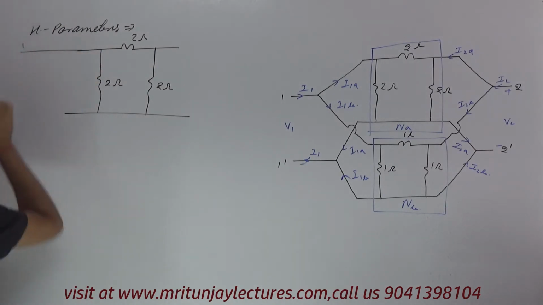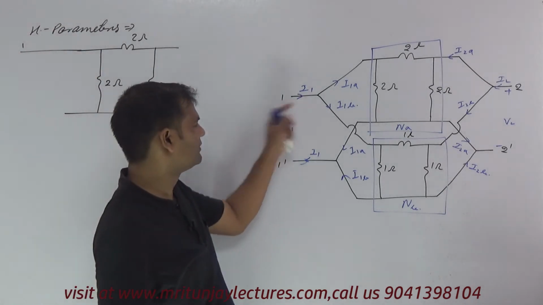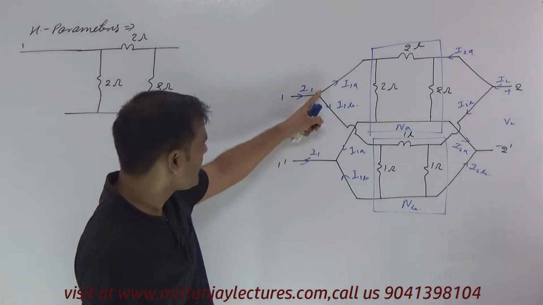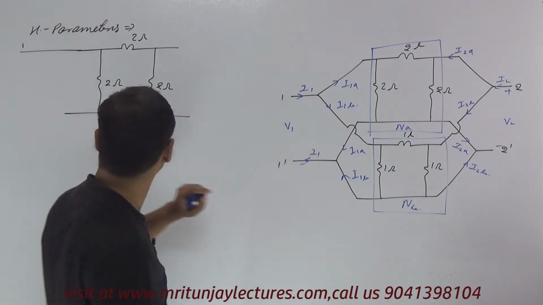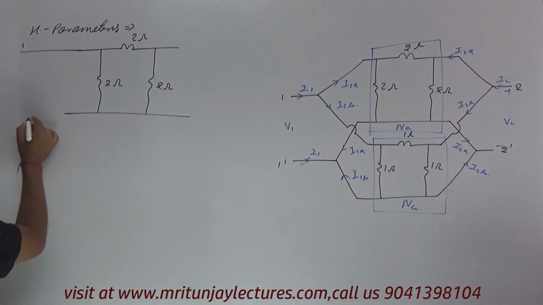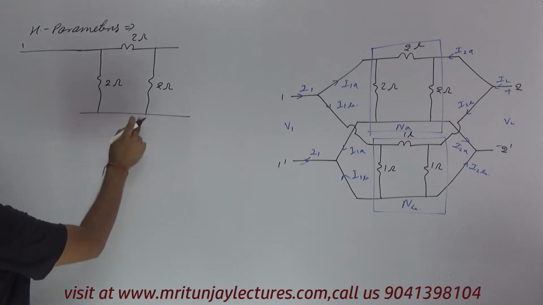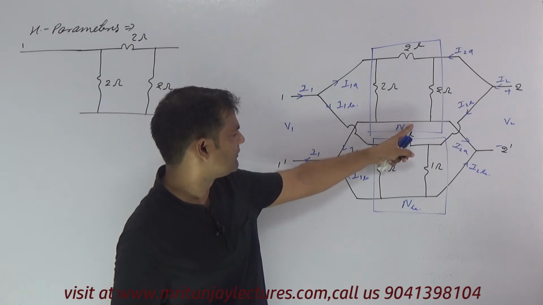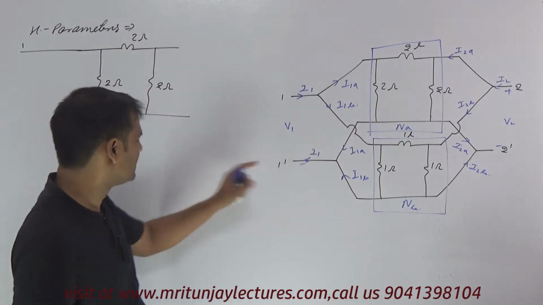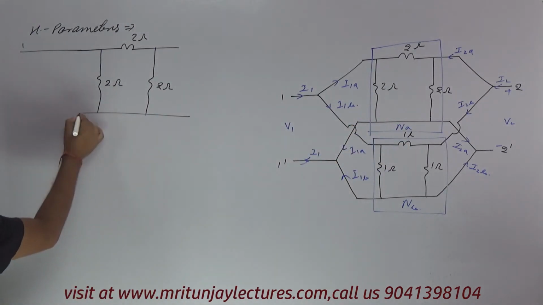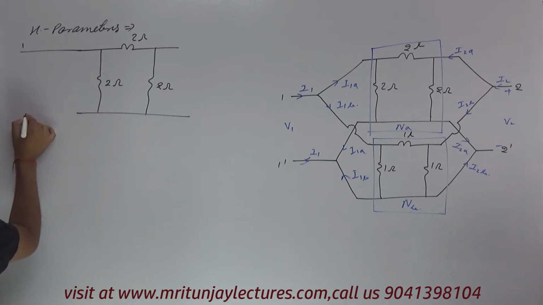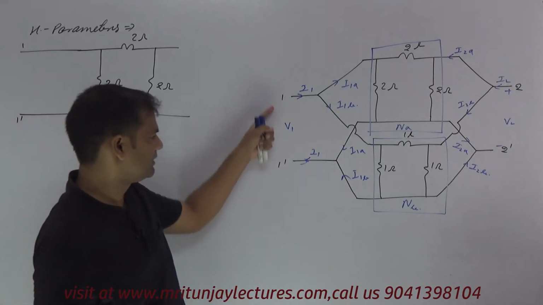That is 1, and this one is connected to 1 dash, so suppose that is 1 dash. That is 1 and that is 1 dash.